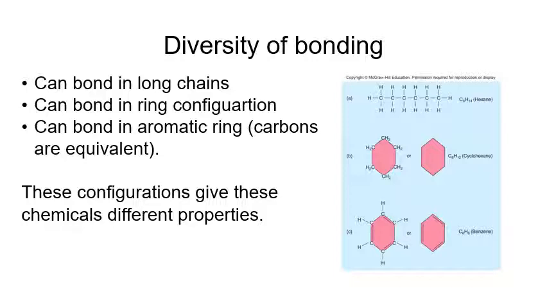So these small differences in chemistry make a big difference in the way these molecules react and in their properties. But you can see the diversity that carbon has, because it can bind to four different atoms, which gives it the ability to make very diverse molecules.